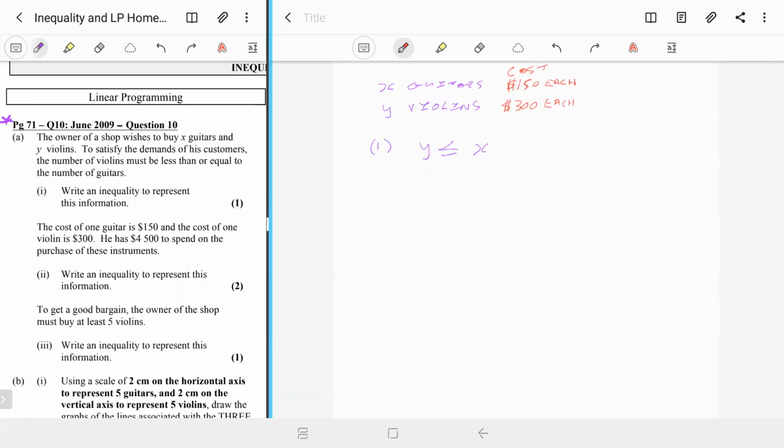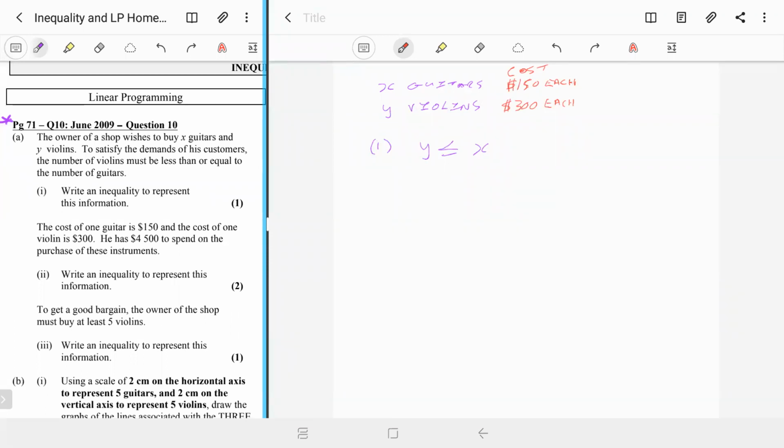All right. It says he has $4,500 to spend on the purchase of the instruments. Let's think about it now. So he goes to the store to buy the violins and the guitars. Remember, you don't know how many violins he's buying, how many guitars he's buying. All you know is that he's gonna buy X guitars and Y violins.